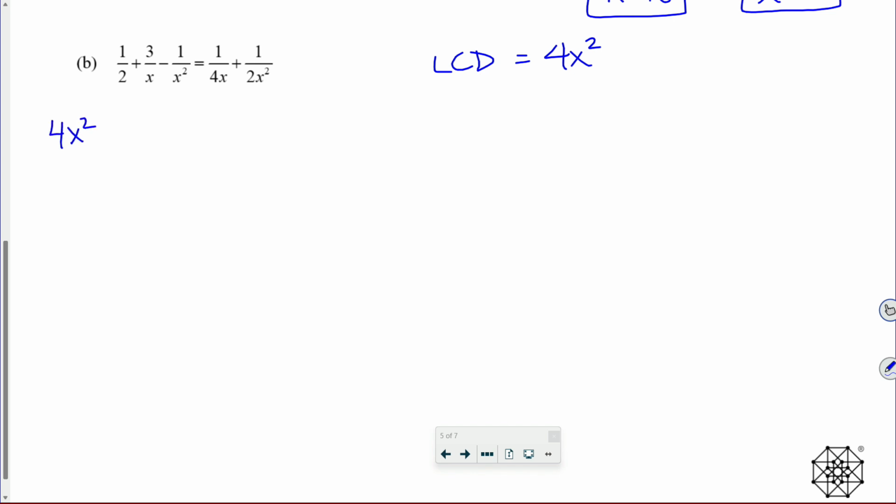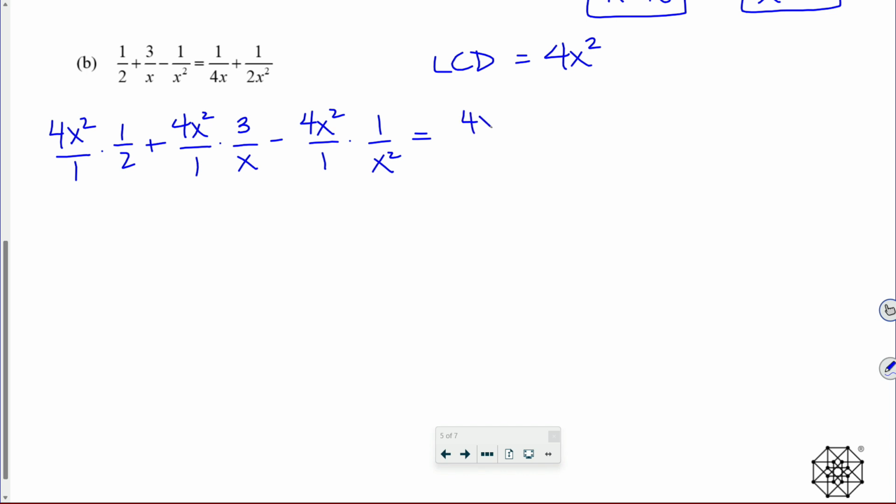I've got 4x squared over 1 times 1/2 plus 4x squared over 1 times 3 over x minus 4x squared over 1 times 1 over x squared is equal to 4x squared over 1 times 1 over 4x plus 4x squared over 1 times 1 over 2x squared.